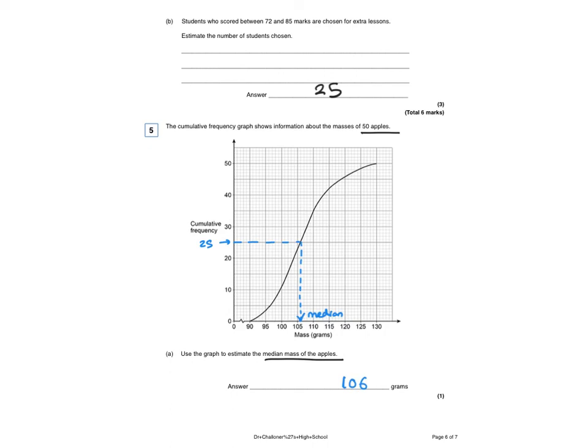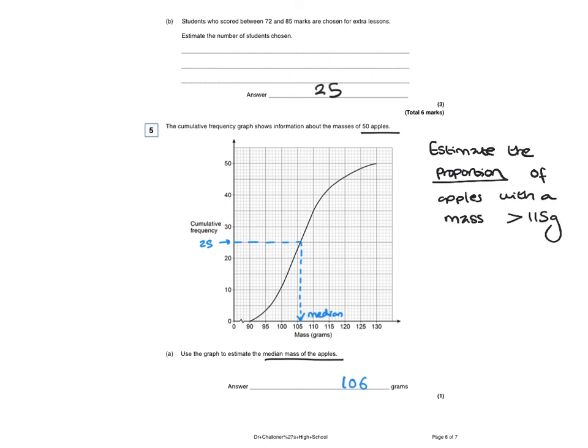Now, the last part of the question asks us to estimate, that means use the graph, the proportion, and that's an interesting word to think about, of apples with a mass greater than 115 grams. So what am I going to do?